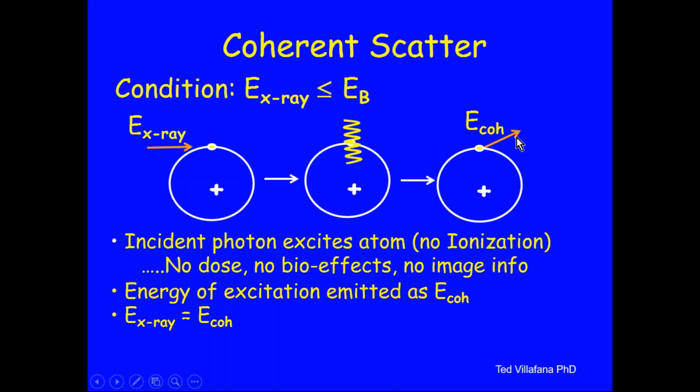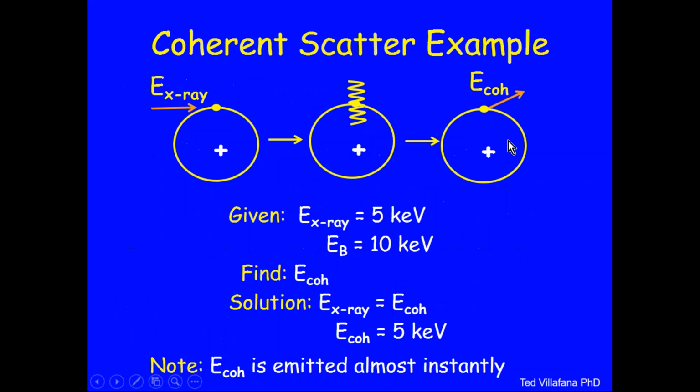That you see on the right-hand side here, where the energy of excitation is emitted in the form of this red photon arrow, and we call it the coherent scattered photon. It's scatter, isn't it? The X-ray came in horizontally in my picture here, but then goes off at 40, 45 degrees to the side.